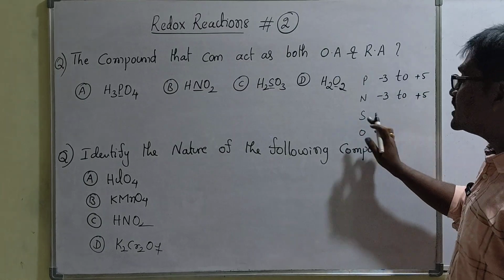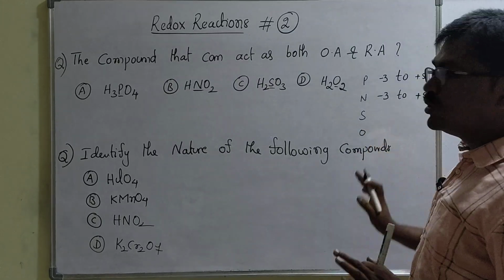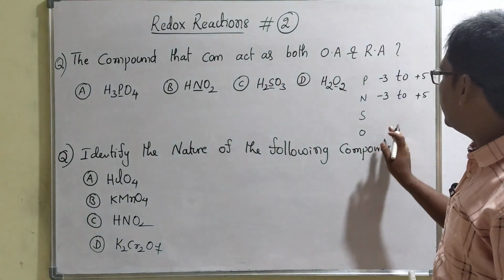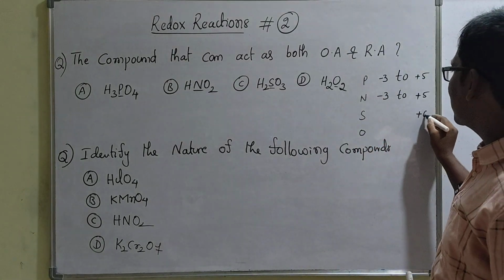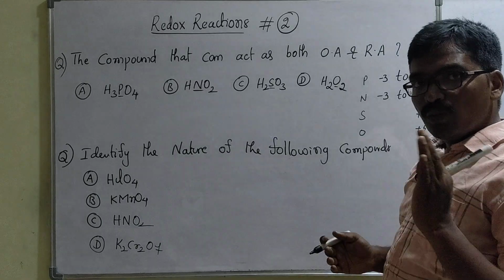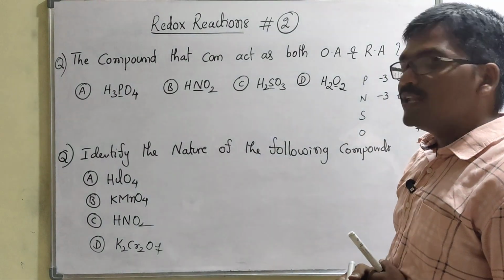Then if you come to sulfur, sulfur and oxygen are both 16th group elements. The highest oxidation state is plus 6, and the lowest oxidation state is group number minus 8, so 6 minus 8, which is minus 2.